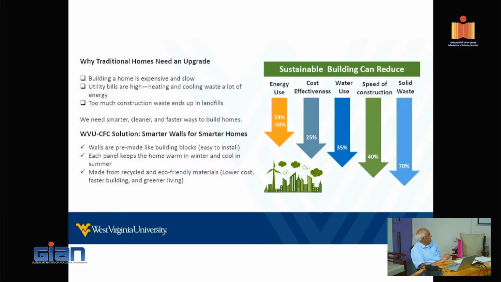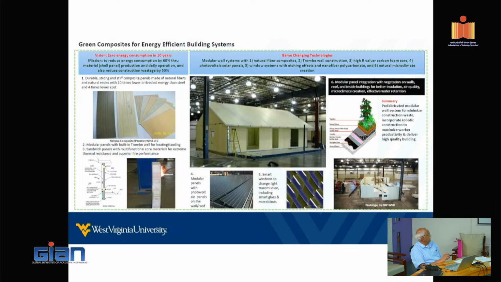So these are sustainable buildings we are talking about, right? I won't go into a lot of details. I'll just pass through. This is the FRP modular building. And there we go, that is my natural fiber panels I generated. So what I'm telling is, we are talking about the green composites for energy efficient buildings.